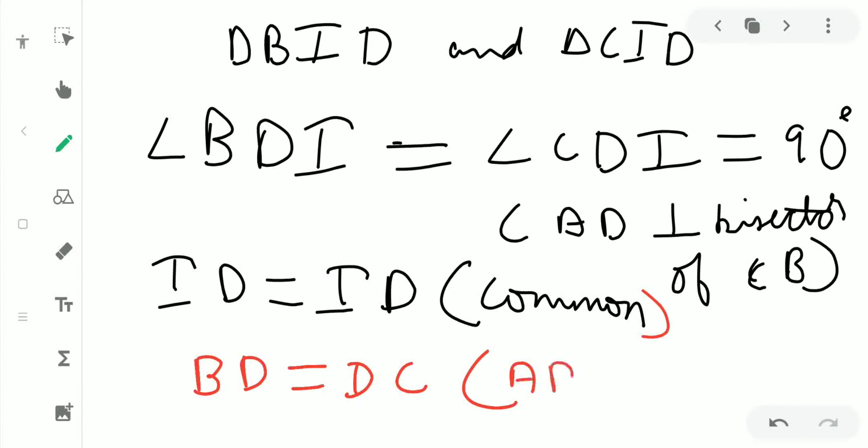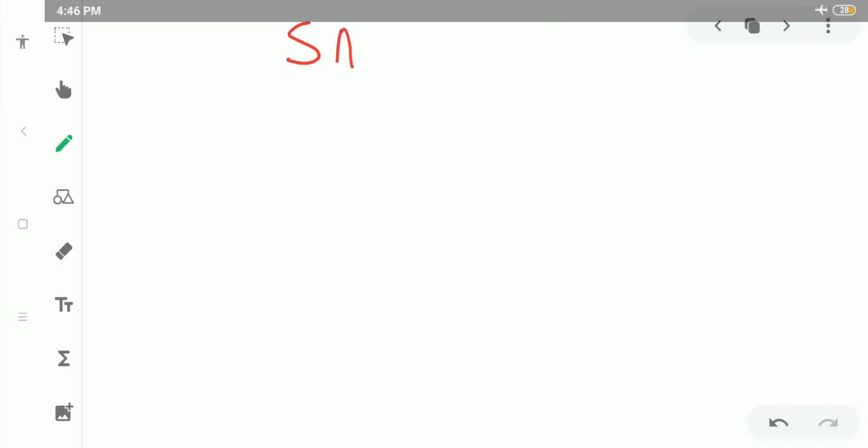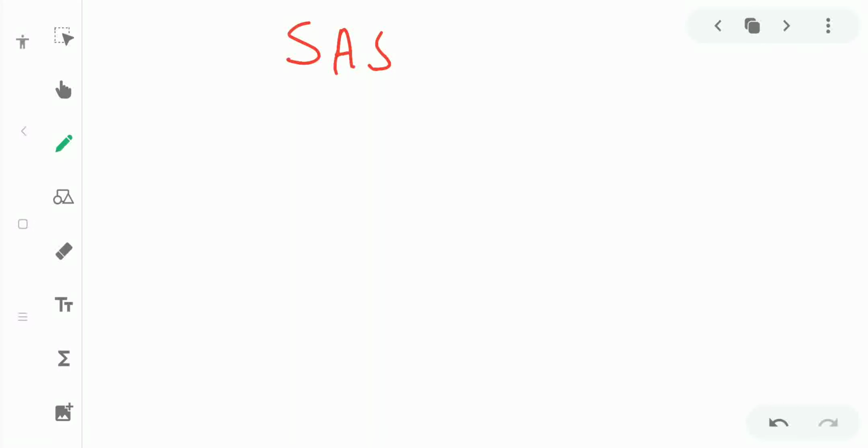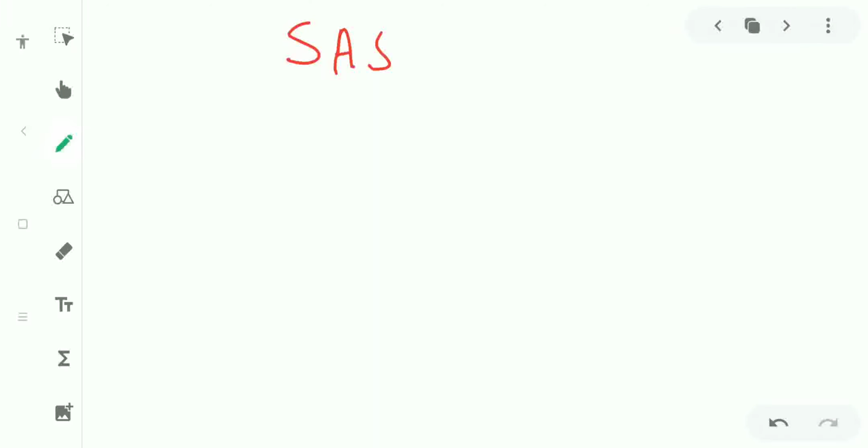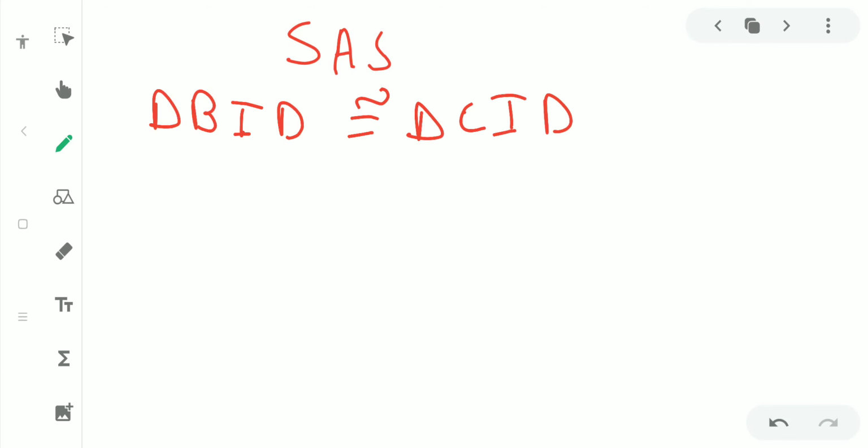Now by side angle side, that is SAS, I will have these two triangles as congruent: triangle BID is congruent to triangle CID.